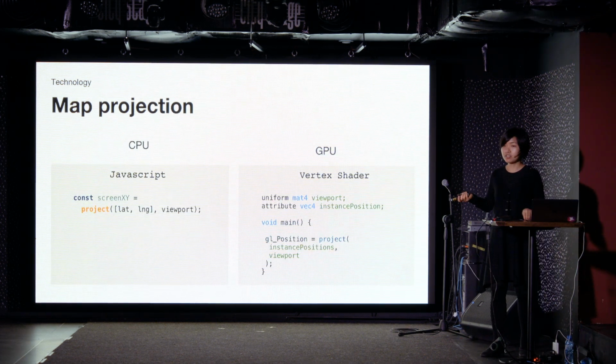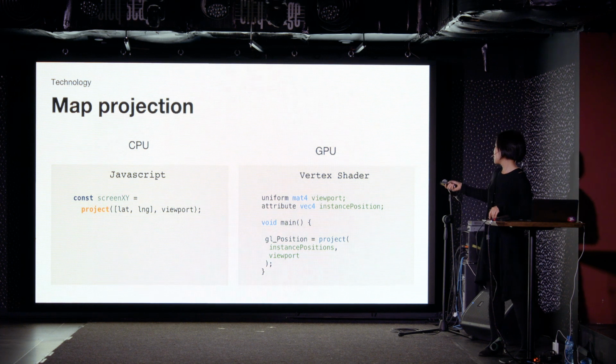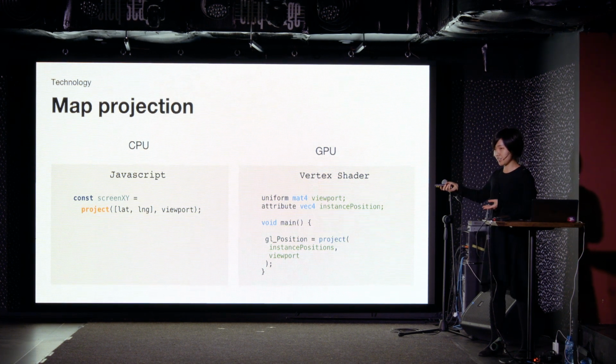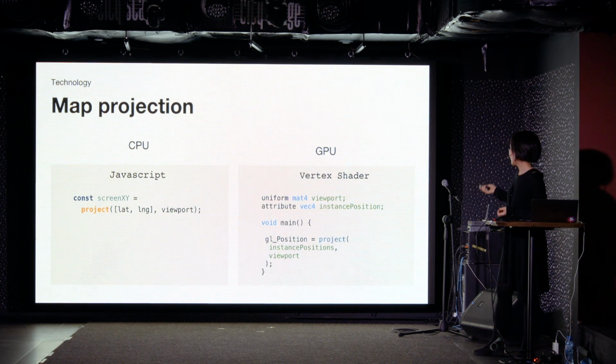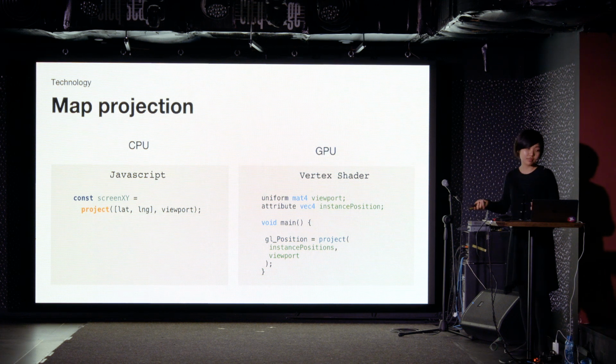This is the implementation using CPU versus GPU. In the CPU, you write a JavaScript function which takes latitude and longitude and the viewport to produce the screen coordinates. However, in the GPU, all you need to write is a vertex shader.